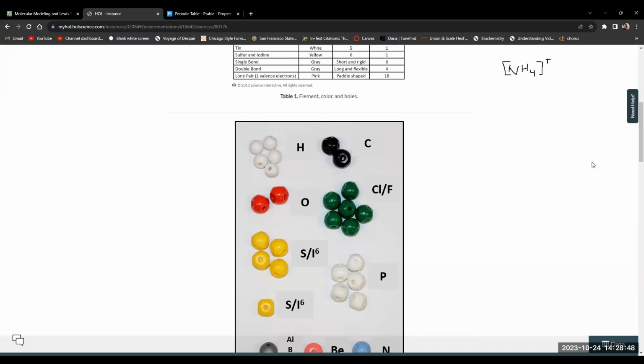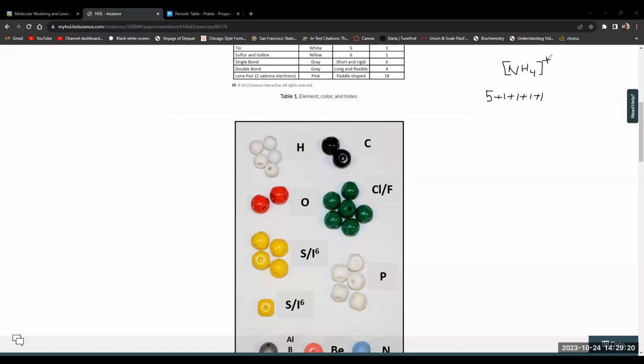All right. So first order of business, counting. Yay, fun. Nitrogen has how many valence electrons? 5. And hydrogen has a single one, but there's 4 of them here. So 1 plus 1 plus 1 plus 1.